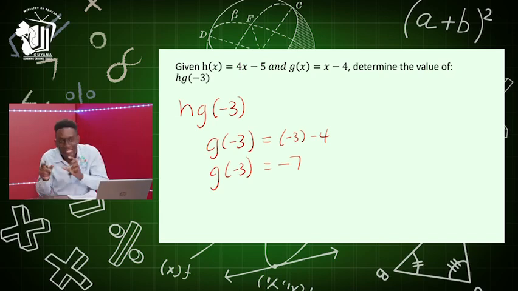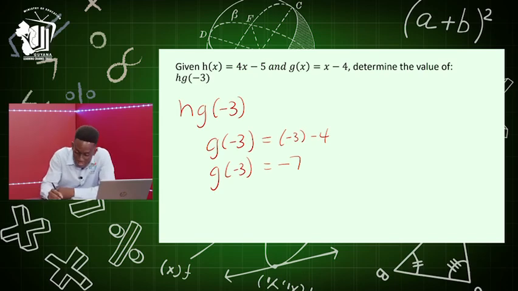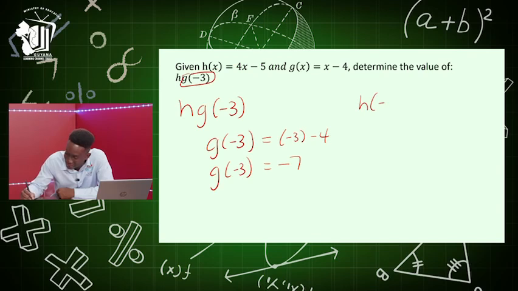So I'm taking this negative 7 and putting it inside the function h, because that is the value of g of negative 3. So I will find h of negative 7. This will be equal to 4, instead of x, negative 7, subtract 5.